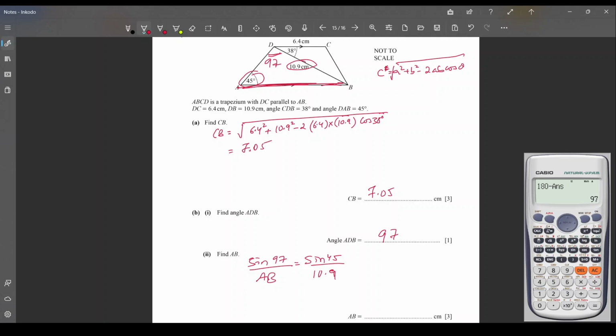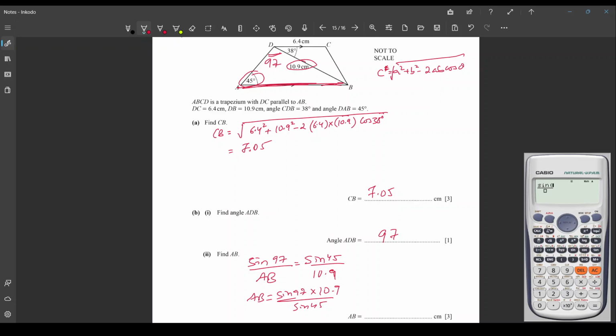So if I calculate the value of AB, cross multiplying, AB will be equal to sine 97 times 10.9 divided by sine 45. So we'll be using a calculator to calculate this.